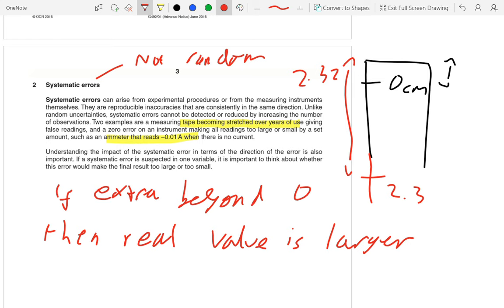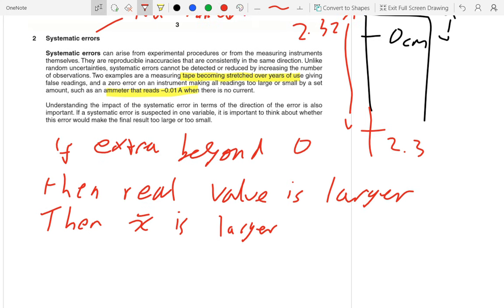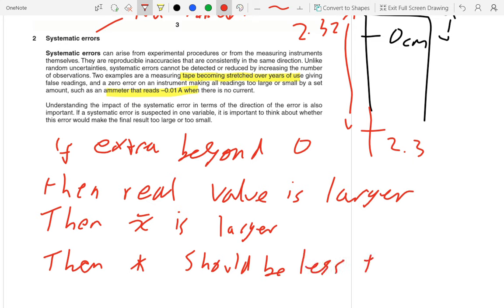So then the mean of x is larger than what you've measured, and then k should be less than what you've calculated.